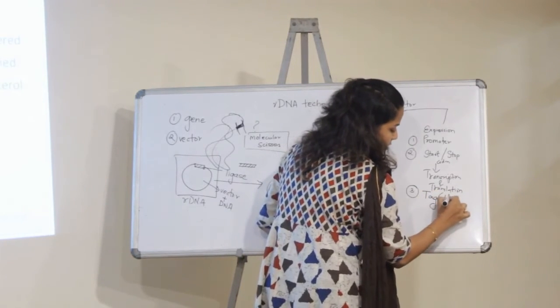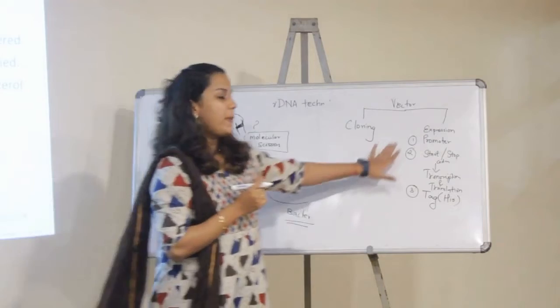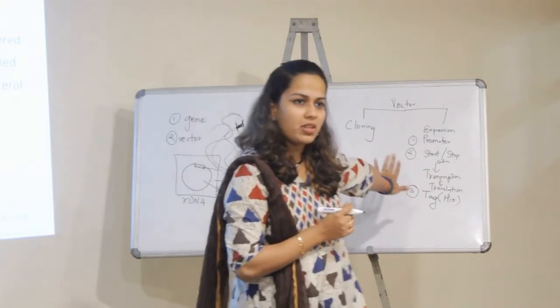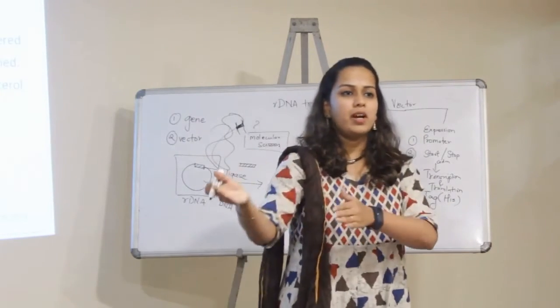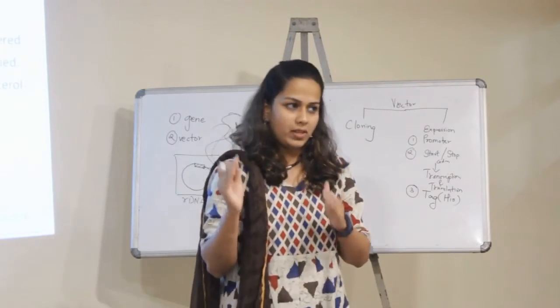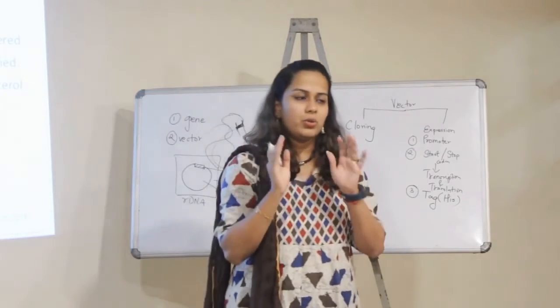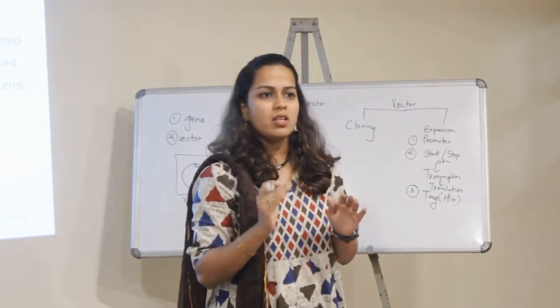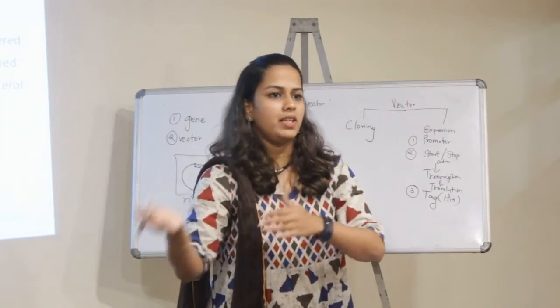A common example is your His tag. The basic purpose of an expression vector is that your final product is going to be some kind of protein. So the ideal properties that we have seen in a vector are not enough because they don't have the ability to produce protein.